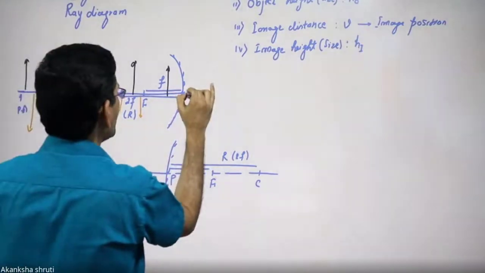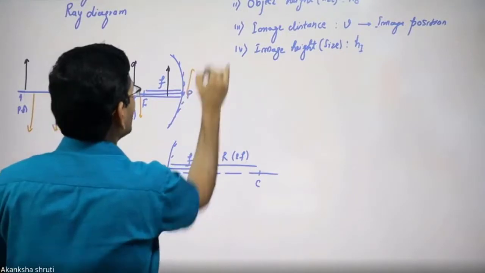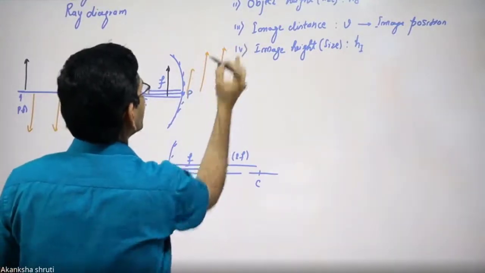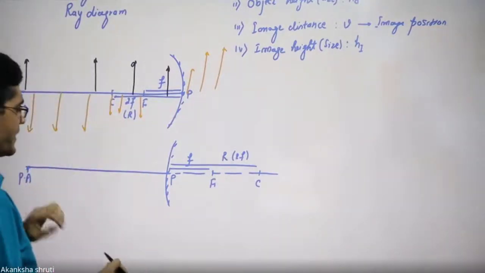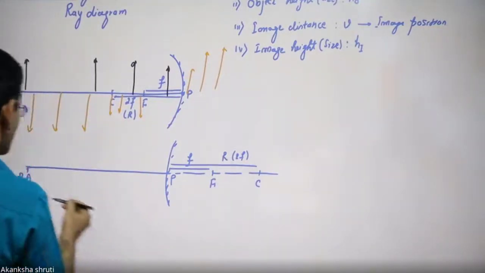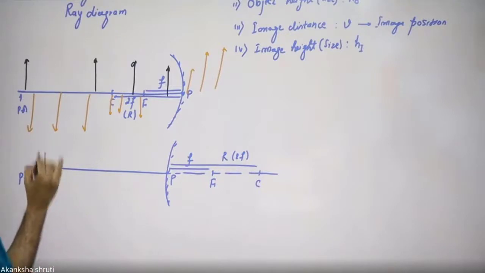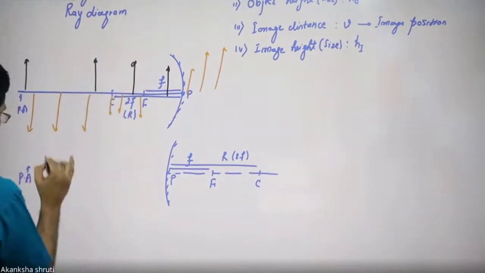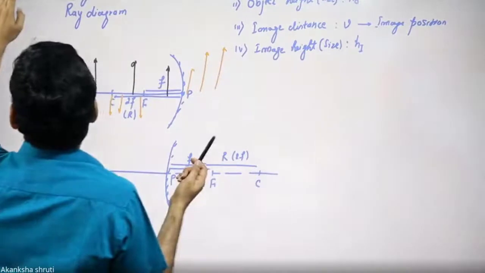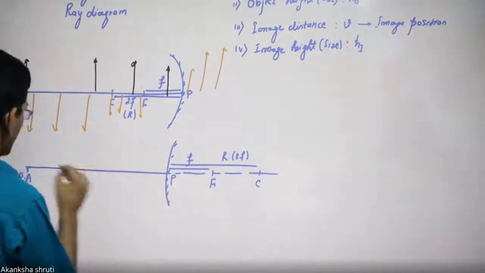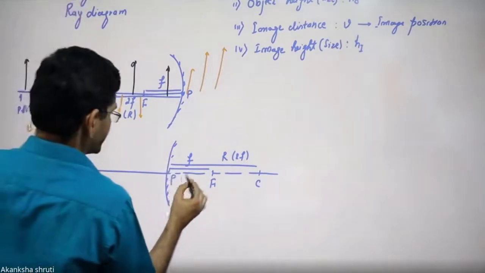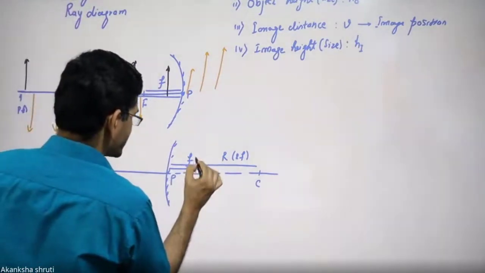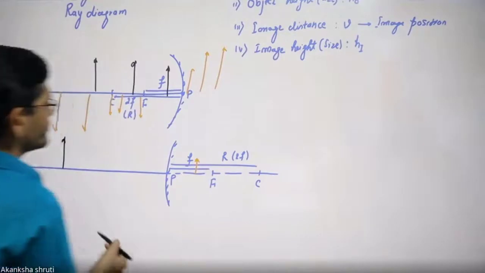We had also observed that the image can be on the right hand side for the concave mirror. And in the convex mirror, whatever the position of the object, the image always lies between the pole and focus.